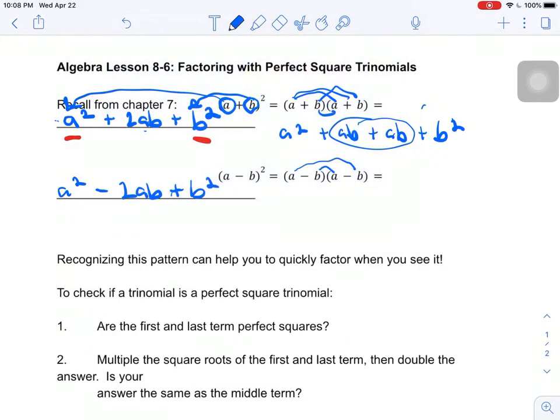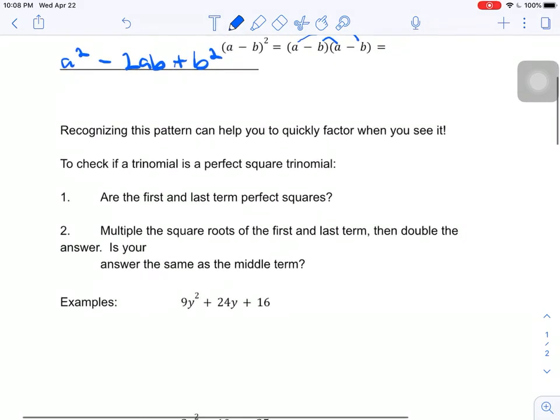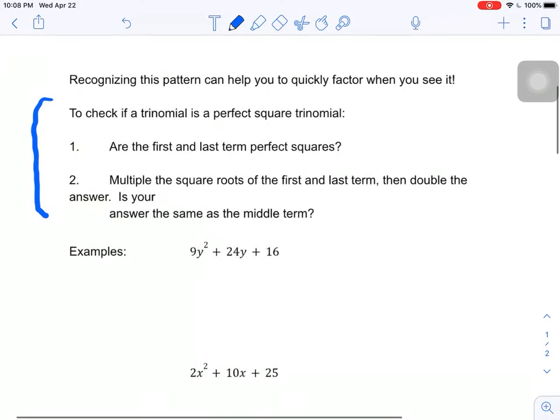So how do I recognize a perfect square trinomial, where I could use the shortcut, from a regular old trinomial where I have to use the other things we've been learning about in this chapter? Right below this is a checklist that you can go through to see, can I use my shortcut on this trinomial or not? The very first thing we want to check, and we're going to test it out with this first example, is: are the first and last term perfect squares?